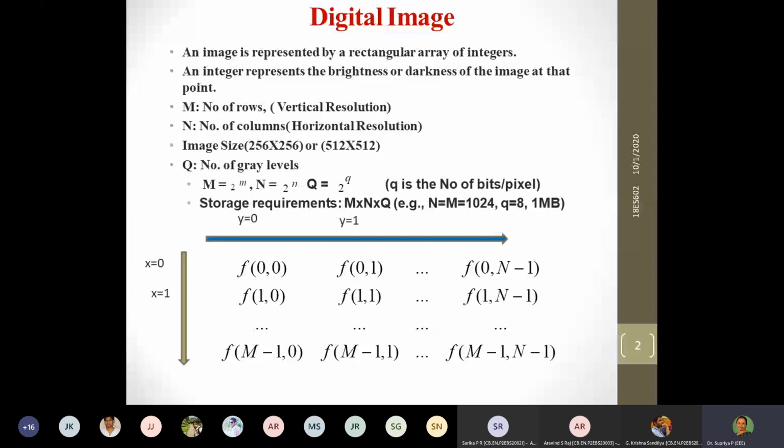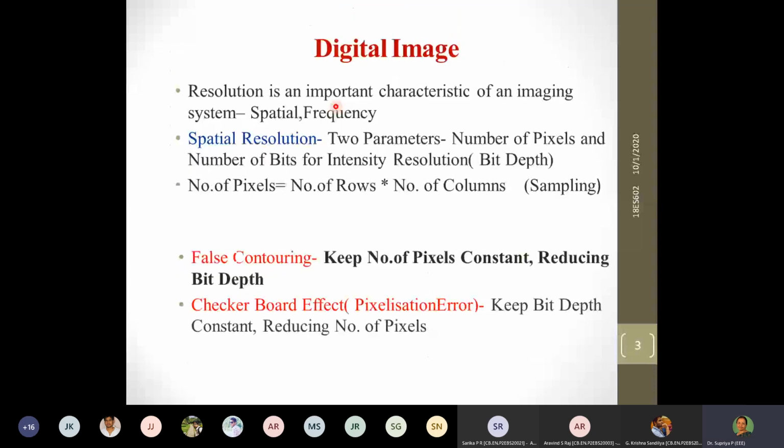As before, we have seen resolution is an important characteristic of an imaging system, and instead of the usual time domain, which we saw in a 1D signal, here the terminology that is going to be used is spatial domain, because we have two spaces, x and y. The frequency remains the same term, but it will again be in 2D.